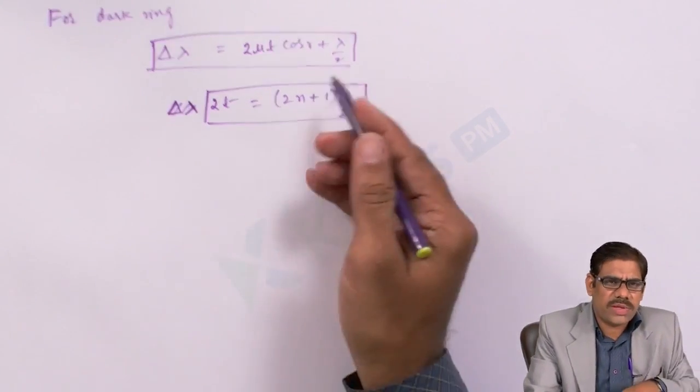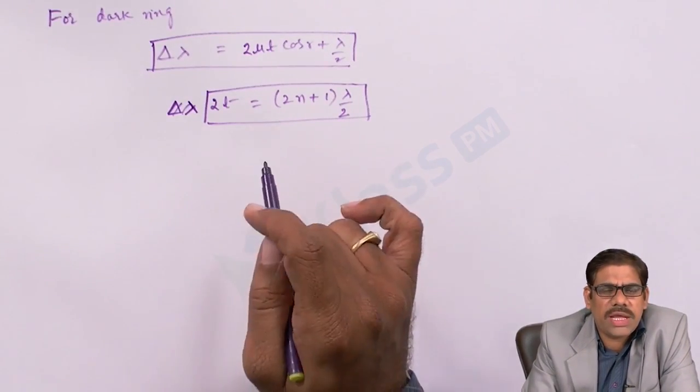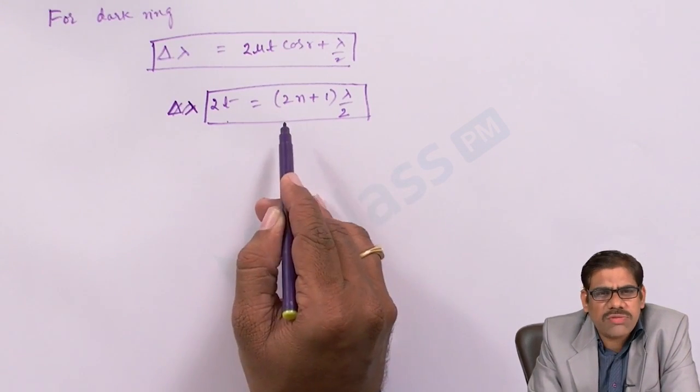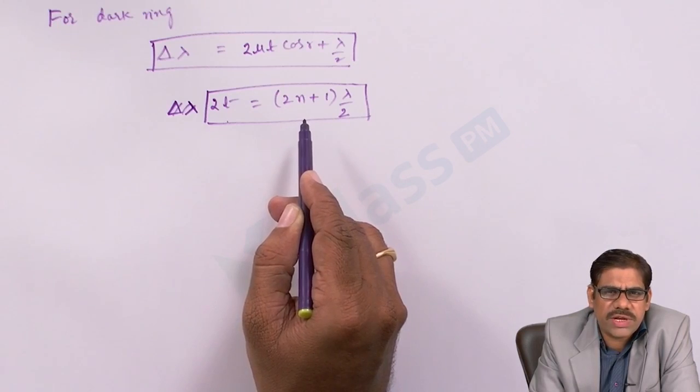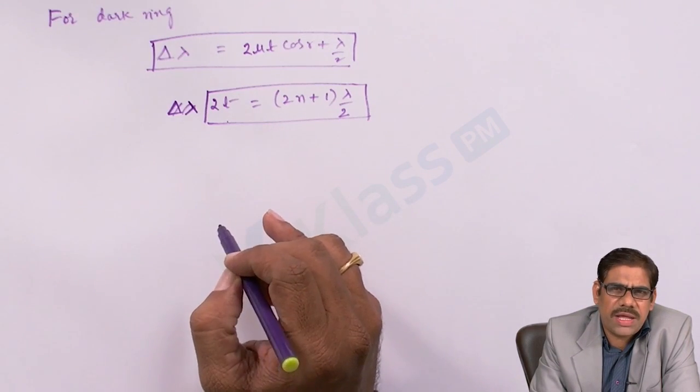Whatever we have applied for the brighter ring is applicable in the case of the dark ring as well. So 2t is equal to 2n plus 1 into lambda by 2 is the condition for the dark ring formed because of the reflected rays.